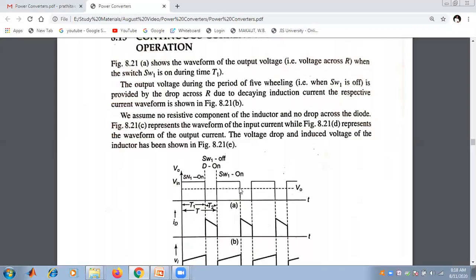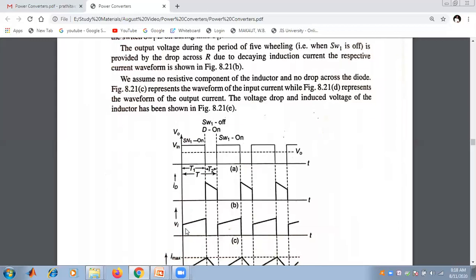The respective current waveform is shown in figure B: this is the current through the inductor, the decaying current, or we can say the current that is freewheeling through the diode.